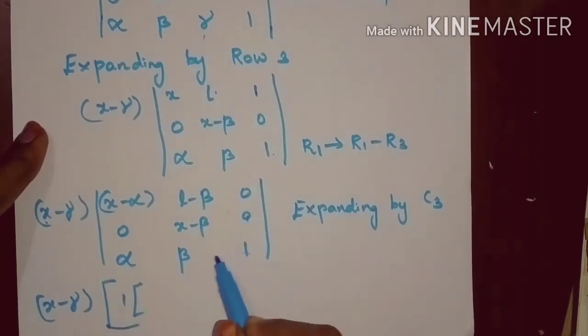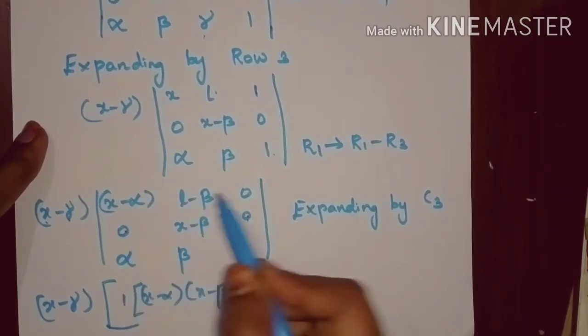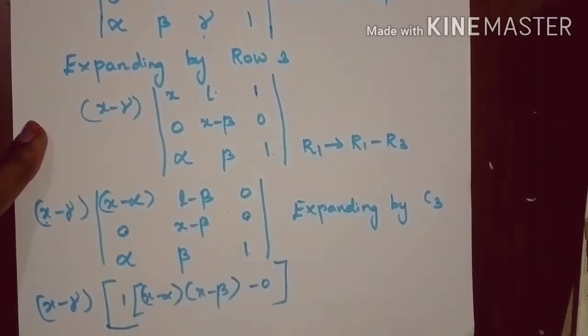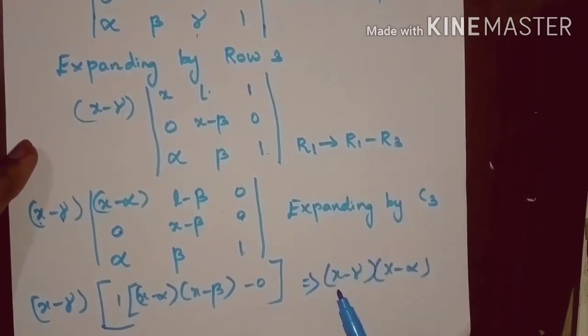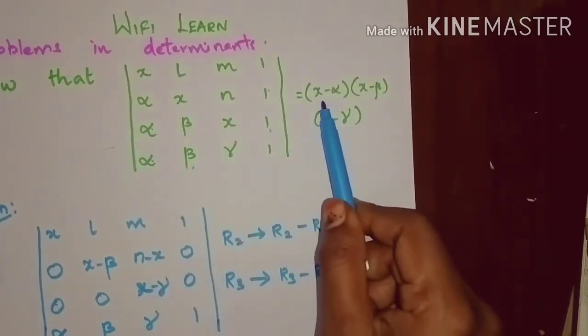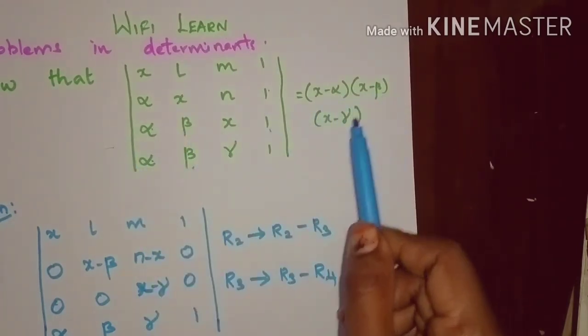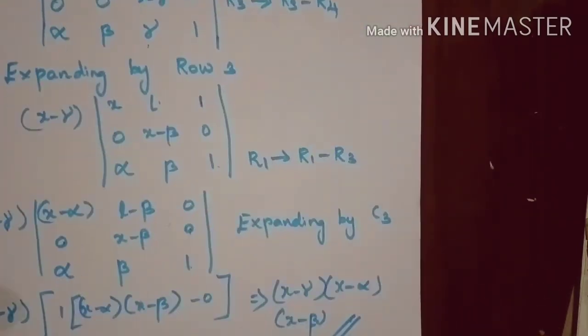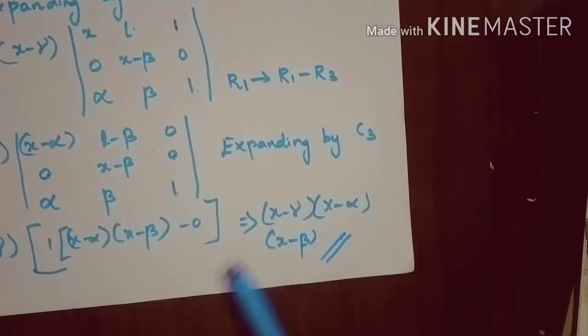Eliminating that row and that column, we get x minus alpha into x minus beta, and 0 into anything will get 0. So the factors are x minus gamma, x minus alpha and x minus beta. Hence proved. They have asked us to prove the factors as x minus alpha, x minus beta and x minus gamma, and we got this.